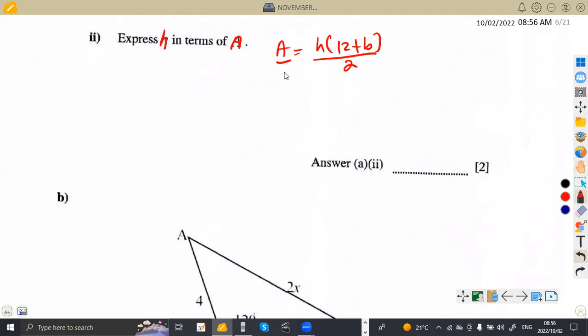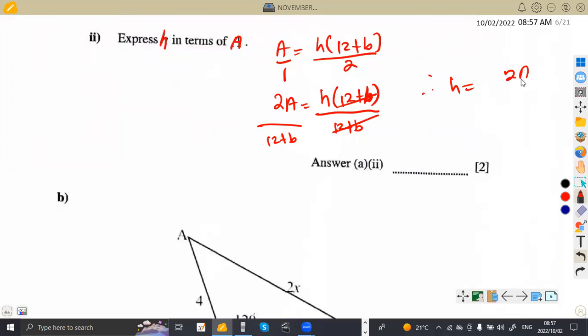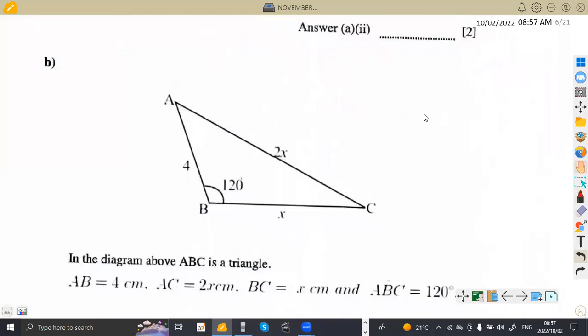We can cross multiply: 2A is equal to H into 12 plus B. Instead of expanding brackets, H is already out of the brackets, so divide by 12 plus B on both sides, and you're done. Our H is 2A over 12 plus B. This is high time for you guys to understand how questions can be given and how to answer them. All right, anyway, let us see the B part.